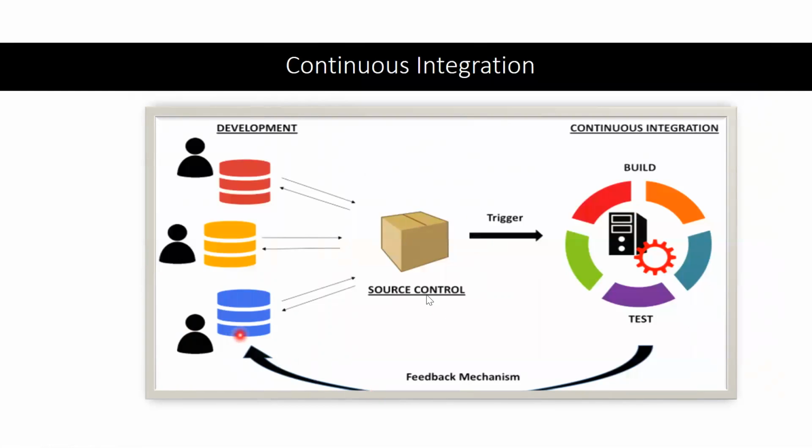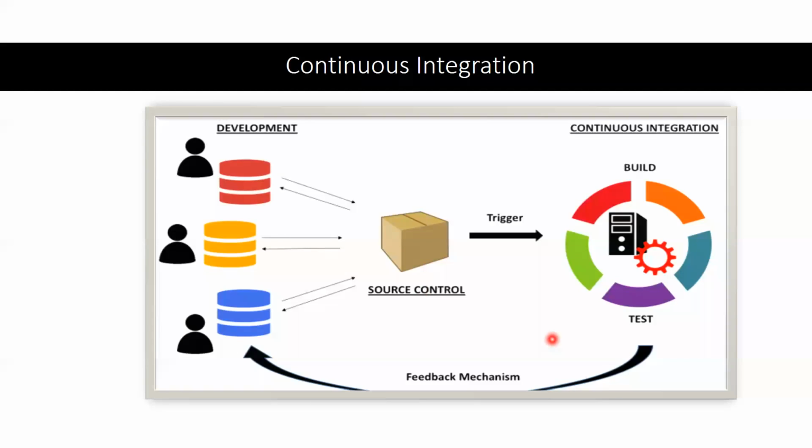This is called continuous integration. The most popular tools are TeamCity and Jenkins. TeamCity is mostly used for .NET developers, and Jenkins is used in general, for Java developers or PHP developers.